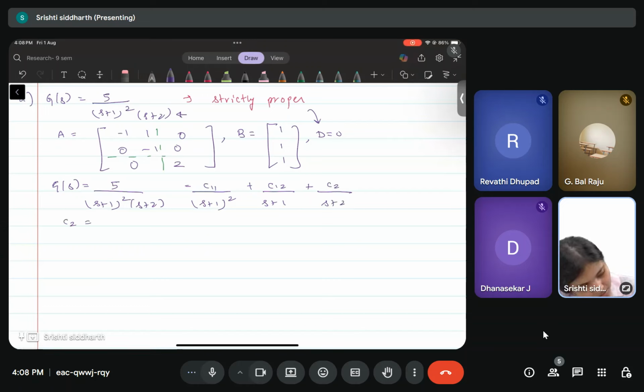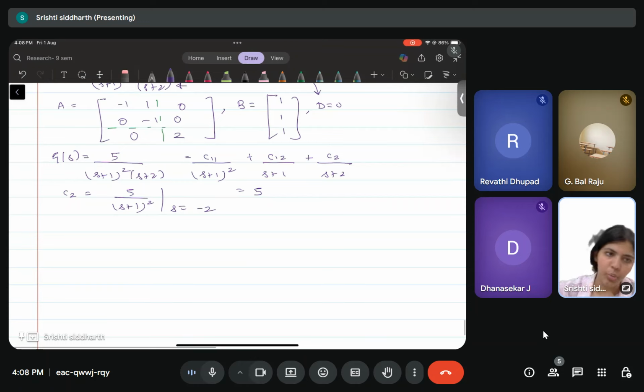So c2 is 5 over (s plus 1) squared at s equals minus 2. This is simply 5. And then now we have to find c11 and c12. Let's see.